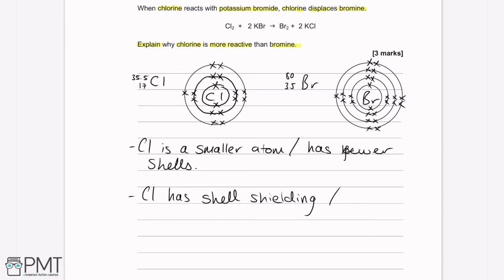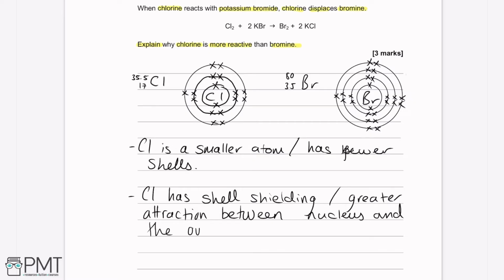Another way you could have phrased that for the second mark was to say that in chlorine there's a greater attraction between the nucleus, which has a positive charge, and the outer shell electrons, which have a negative charge.